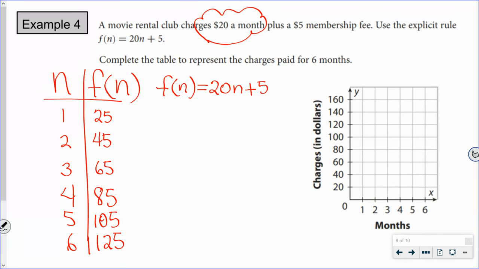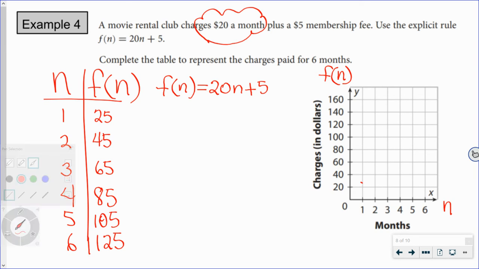Our x-axis is the axis we have for months, or it is the position term of our sequence. And our y-axis is then our function. And so 25, this is not going to be super accurate, because halfway between 20 and 40 is 30. So 25 would have to fall right about there.